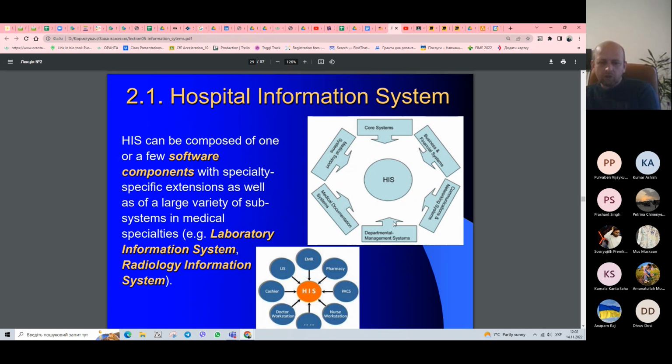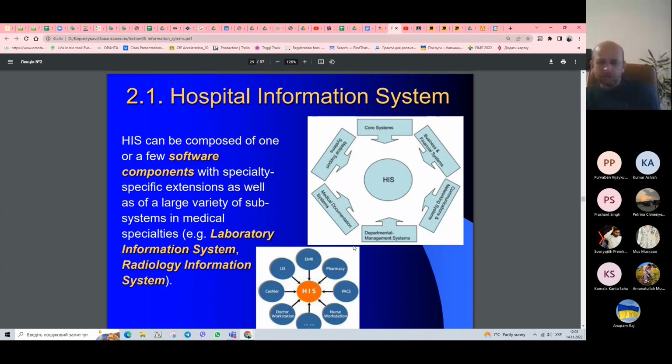But you can find a lot of types of data sources which require and which produce information. And the hospital information system you see in the center. This requires medical support, course system, business, financial department, communications, management system, and medical documentation system.